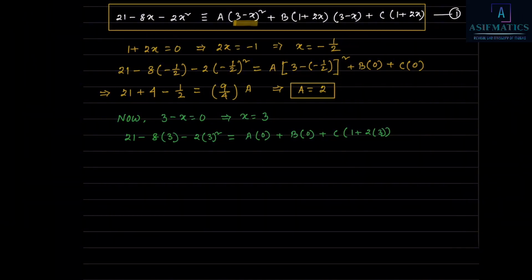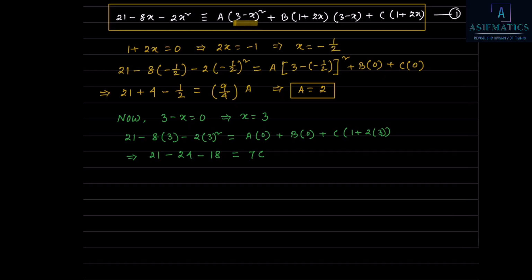So from here we get 21 minus 24 minus 18 equals 7c.